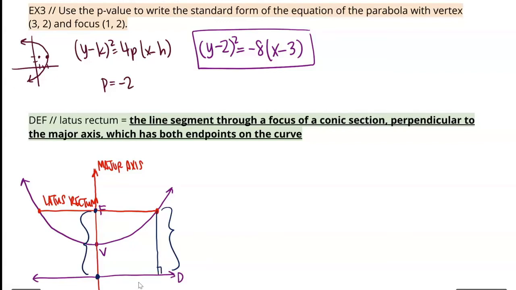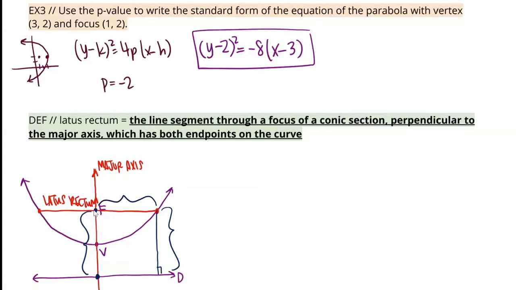Because it's basically a rectangle that's created, and opposite sides are going to be congruent. And then also, because this point is just any point on the curve, it has to be equidistant from the directrix and the focus. So that's also going to equal this length.